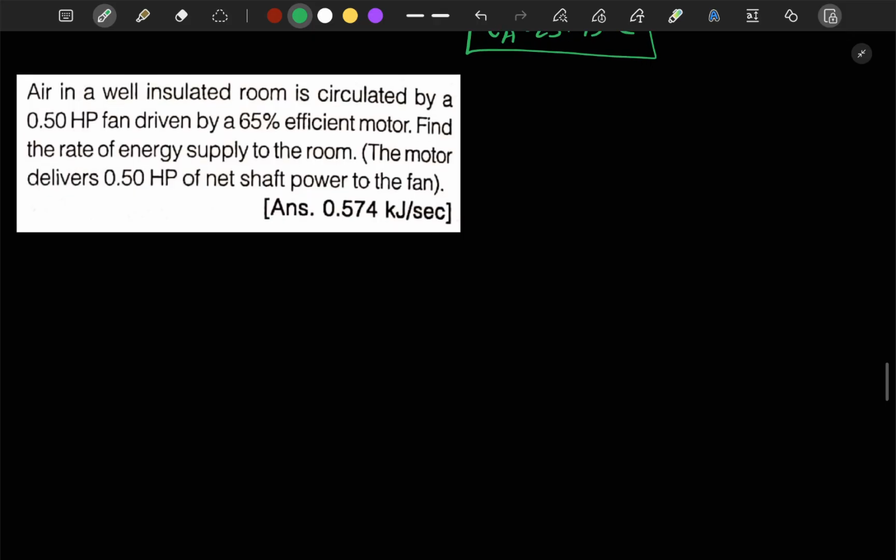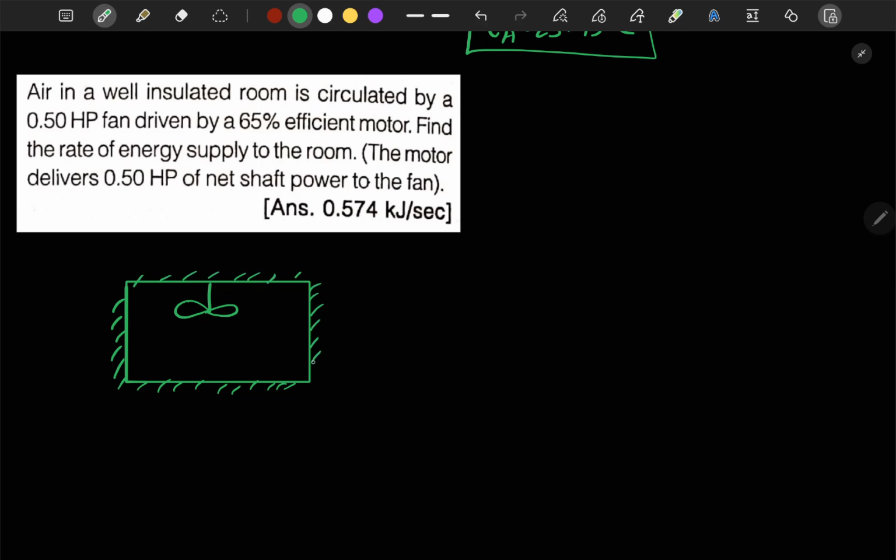Let's assume a room. In this room there is a fan. It is said that the room is insulated, so there is no heat loss from or to the room.